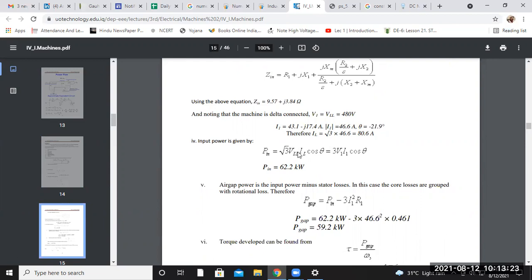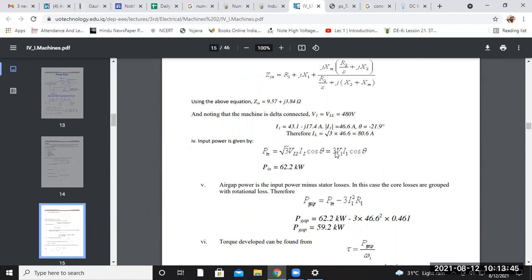The line voltage and phase voltage are equivalent; there is no relation between line voltage and phase voltage in three-phase delta connection. There is only a relation with the line current, as line current equals root 3 into phase current. So root 3 into root 3 will become 3. This VL becomes V phase, and this IL becomes I phase current.